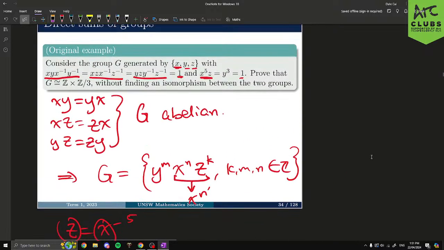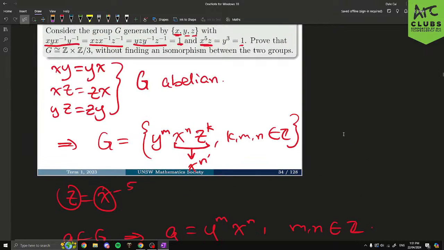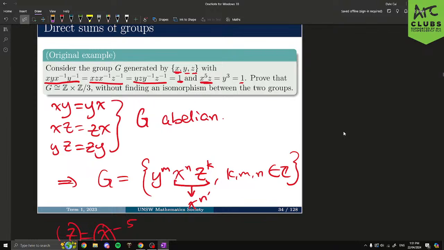Okay, and now what else do we need? We know two things from here. I'm not sure if this is too clear, but y cubed equaling 1 means that y has order 3.